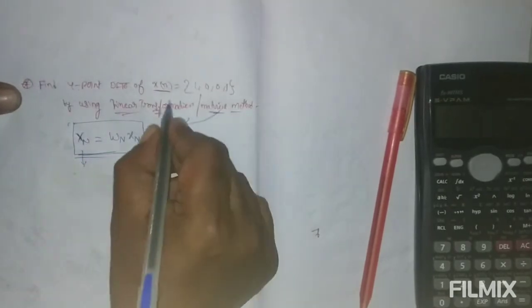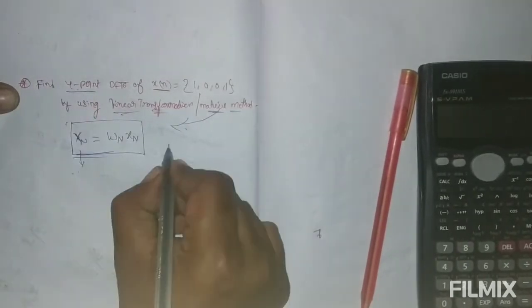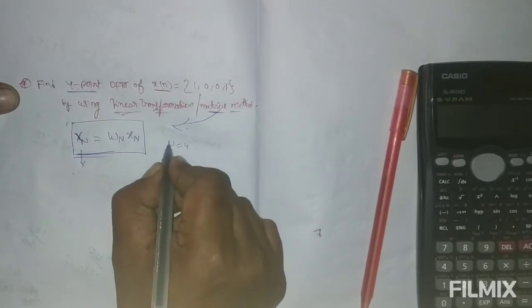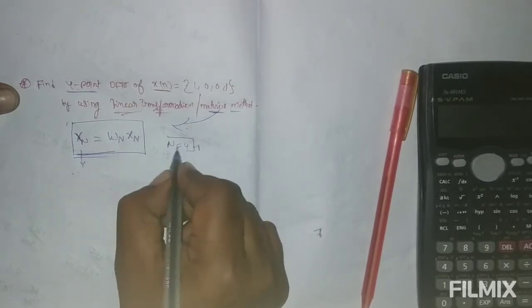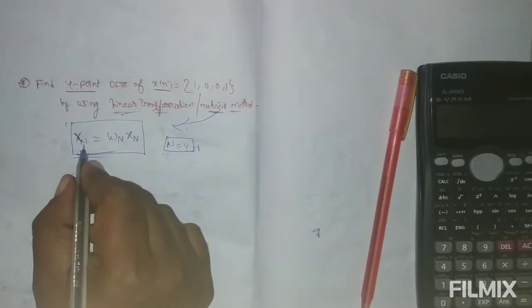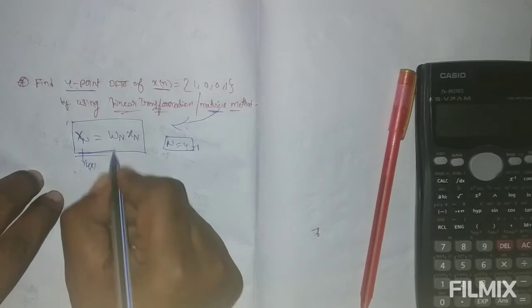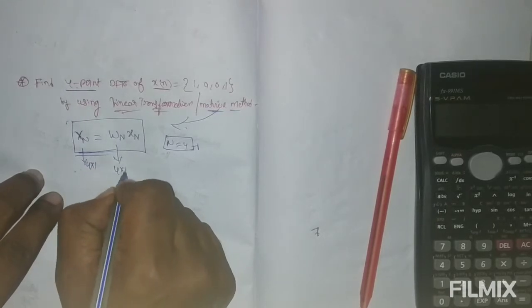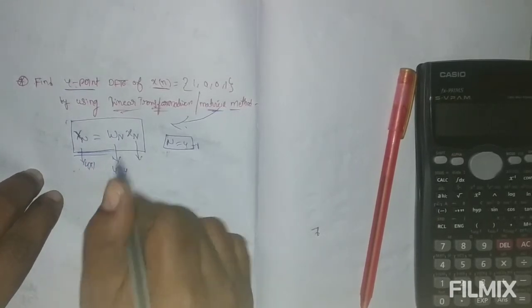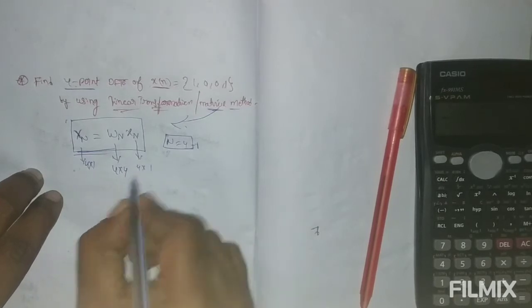This is an N-point DFT, and here N equal to 4. So capital X is a 4 by 1 matrix, the twiddle factor matrix is 4 by 4, and small x of n is a 4 by 1 matrix.